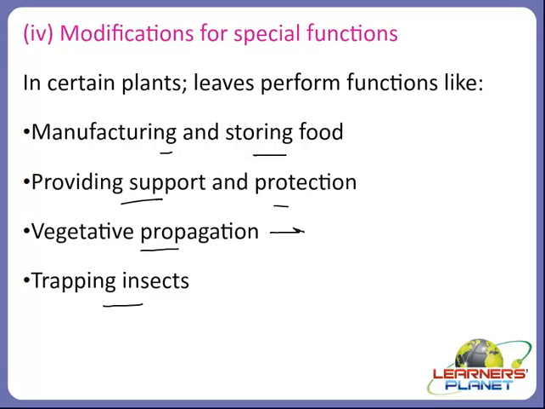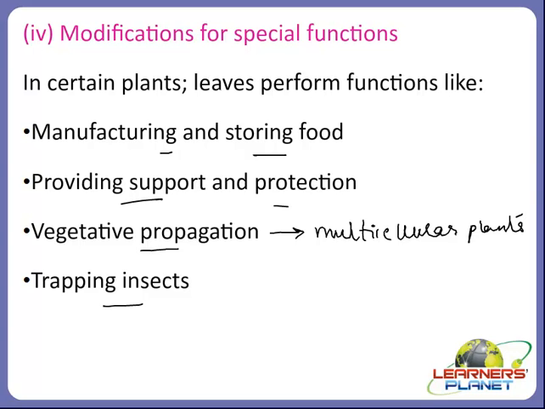Yes, vegetative propagation is a process which takes place in multicellular plants. Multicellular plants means those plants which have more than one cell. So in multicellular plants, many young plants grow from a parent plant, and then these young plants grow into new plants, and then this cycle goes on and on.